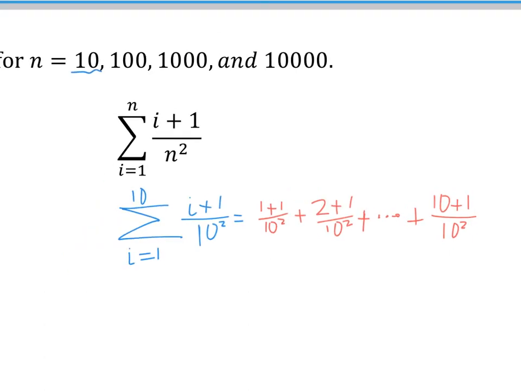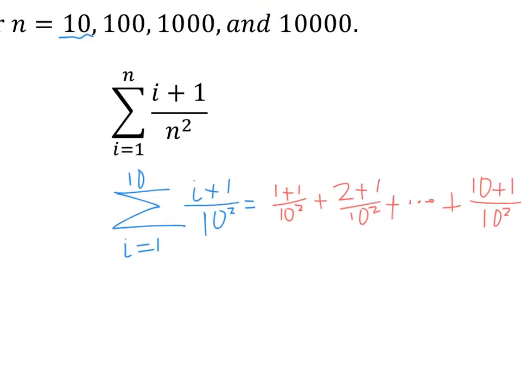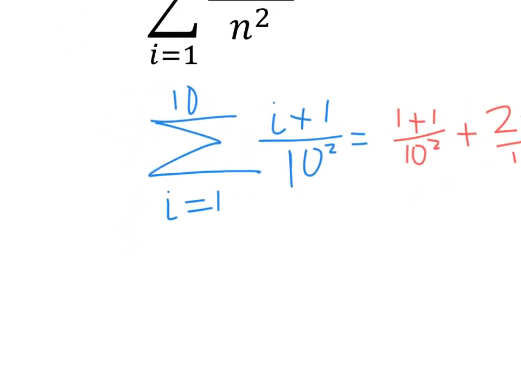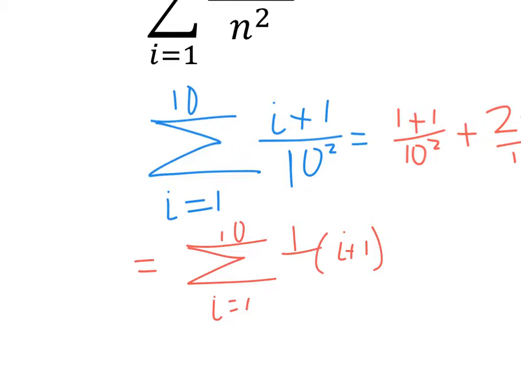Now we can figure out what all those are, but notice they've got a 10 squared on the bottom, or 100. So let's do a little bit of algebra. This is going to be the same as, with i equals 1 to 10, let's rewrite this. Isn't this the same as 1 over 10 squared?